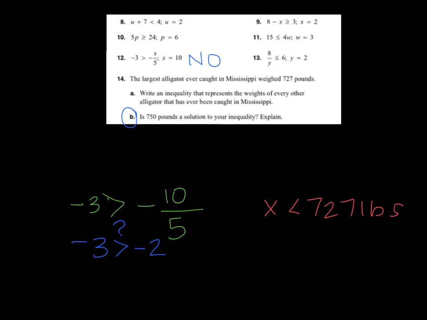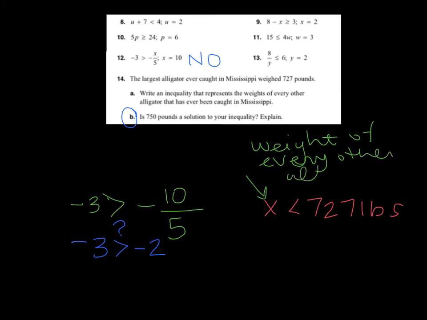And X is the weight of every other alligator. Then with that information, you should be able to answer B. So in this section, remember you're doing evens, so you should be doing 8, 10, we did 12 together, we did 14a together, and you need to do 14b.